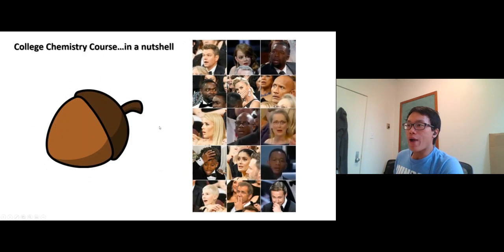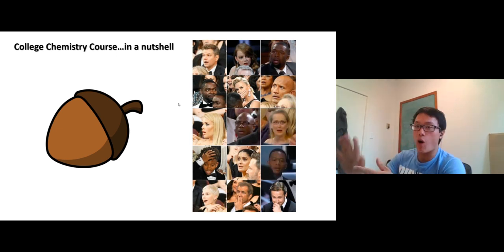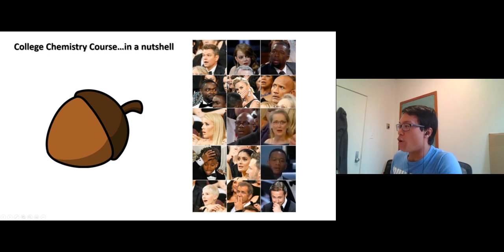Okay. All right. So, college chemistry course in a nutshell. This is what usually happens, right? There are all the students. You're going to see all these faces. I'm the instructor, so I'm usually at the front and I see all these faces. I'll take a look right there. We have someone with the mouth wide open. She looks confused. This guy also looks confused. This guy looks around to see what other people are doing. Some students have their hand over their mouth.